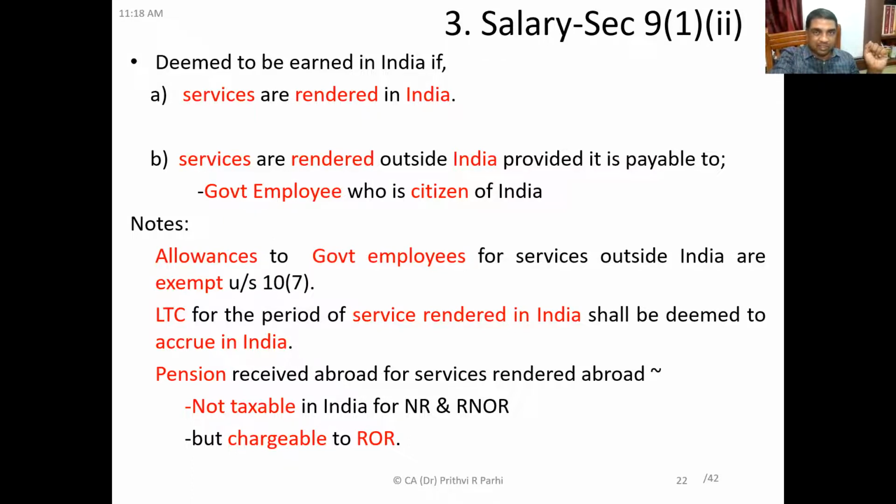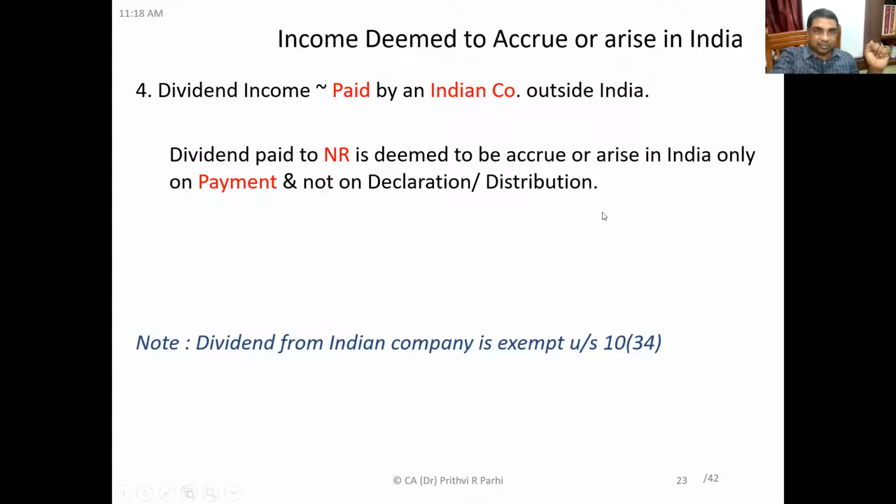Yes, sir. Well, friends, the next concept is one more point regarding dividend income: dividend income paid by an Indian company outside India. Indian company, but dividend income is paid outside. Please remember that dividend paid to a non-resident is deemed to accrue or arise in India only on payment, not on the basis of declaration and distribution.